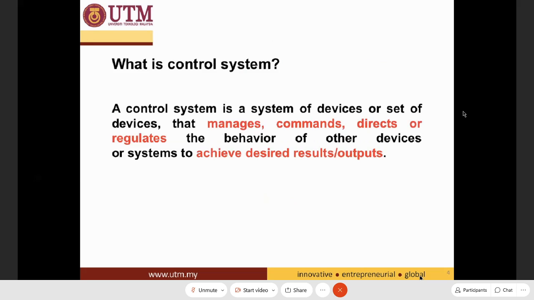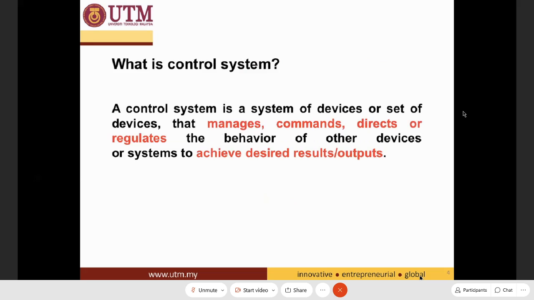Or you have a fan at your house, ceiling fan or table fan, and you have the switch to go to setting 1, setting 2, setting 3. So the setting actually is the desired output that you need, to give the speed slow, maybe medium, maybe high speed.